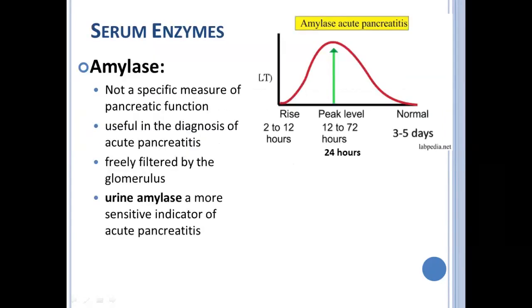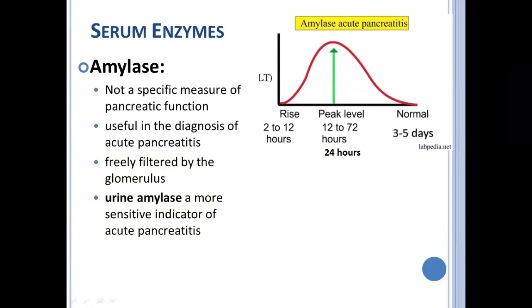So, next is the amylase. So, ito naman, alam na alam nyo na ito kasi naaral na natin ito sa lipid metabolism. So, this is not a specific measure of pancreatic function. But this is useful in the diagnosis of acute pancreatitis. So this is freely filtered by the glomerulus kaya pwede natin gamitin yung urine amylase.